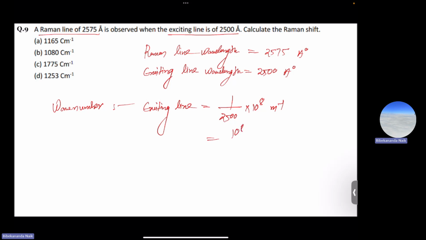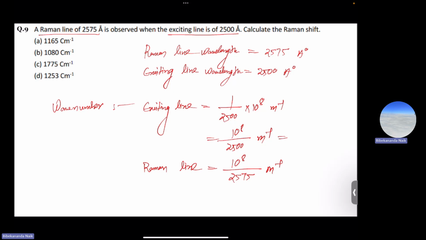So 10 to the power 8 by 2500 meter inverse. For Raman line, it will be 10 to the power 8 by 2575 meter inverse.